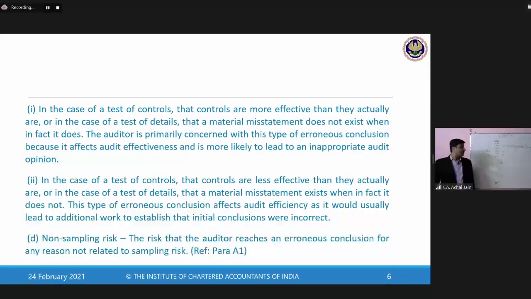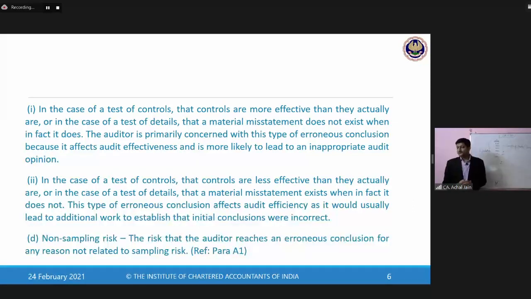And that's why the auditor has no choice but to take this risk. And how would the auditor ensure that this risk is minimized? By applying his professional judgment, using his professional knowledge, using his experience in respect of various audits he would have performed.